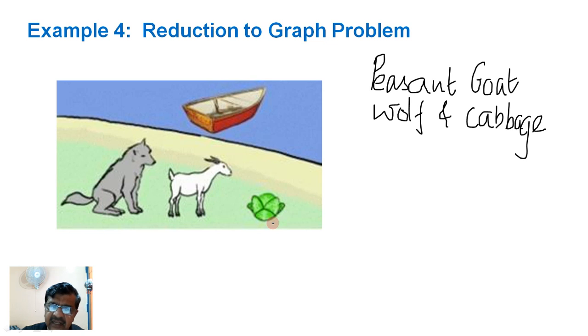On the other hand, if the peasant leaves wolf and goat on the other bank of the river, the wolf would eat the goat. Therefore, the problem is how exactly the peasant will see that all three companions are transferred to the other bank of the river.